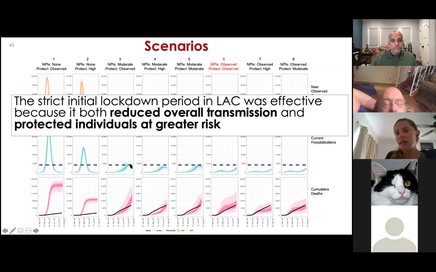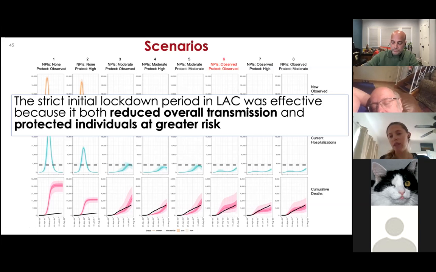And this is because the people that are infected are not just older individuals. There are a lot of moderate risk groups that would end up getting infected and contributing to these populations of individuals that are severely ill and that die. So that's a really important takeaway from this scenario analysis.